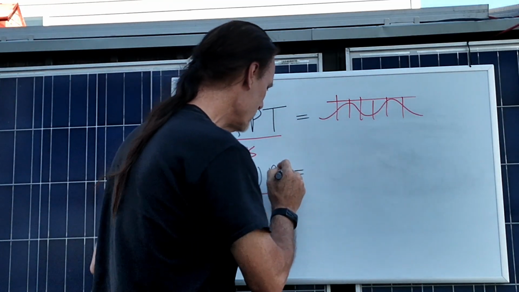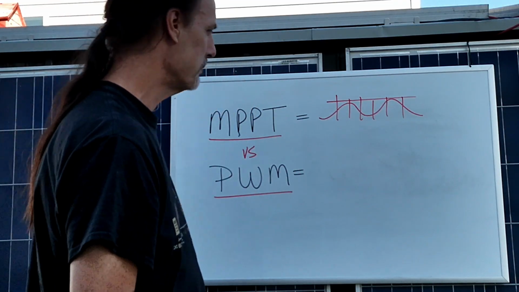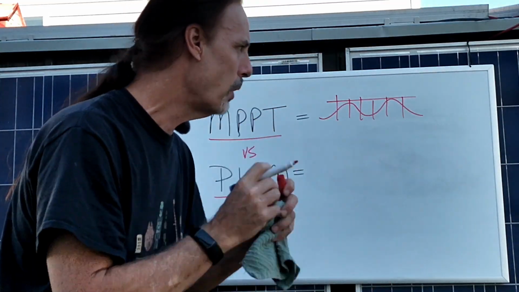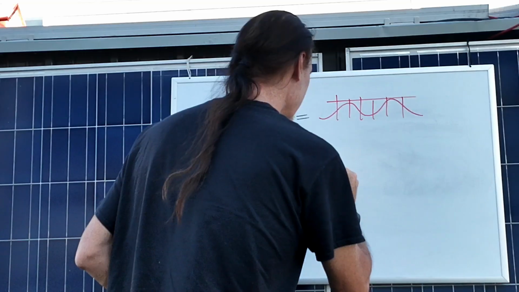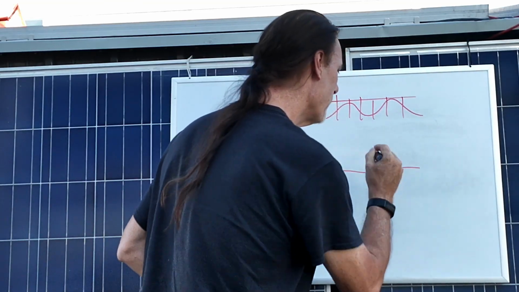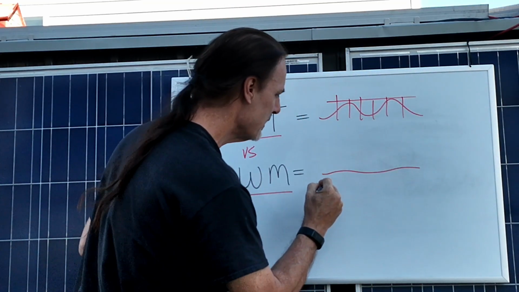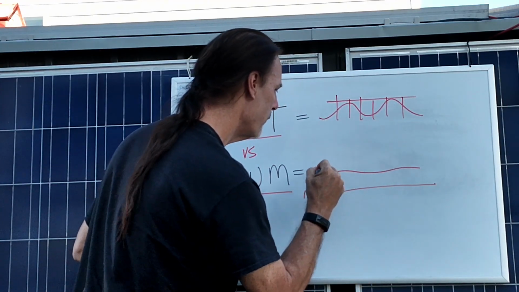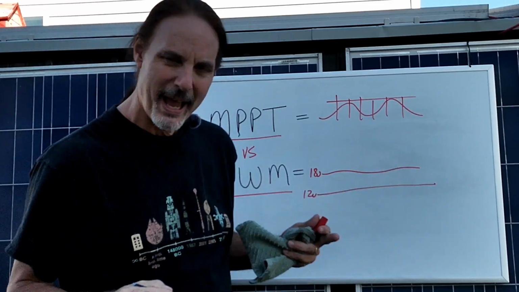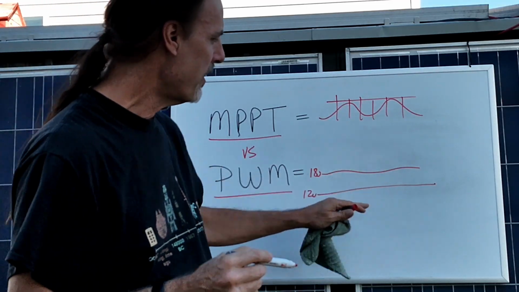Whereas PWM, pulse width modulation, does exactly the opposite. It takes this power as it comes in and basically trims it down to whatever voltage it needs to pass it into your battery, cutting out that upper portion.